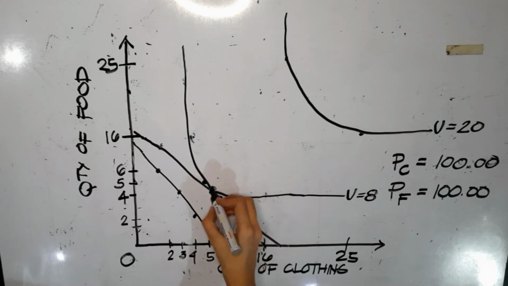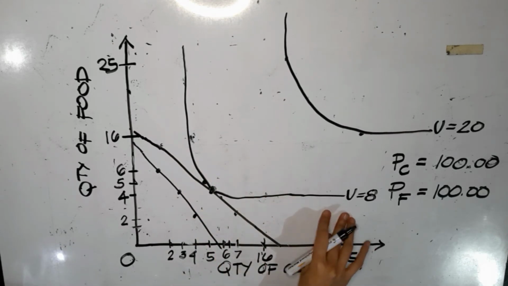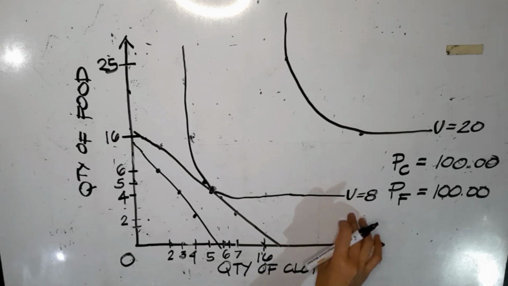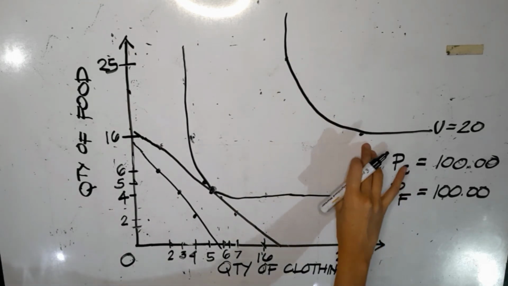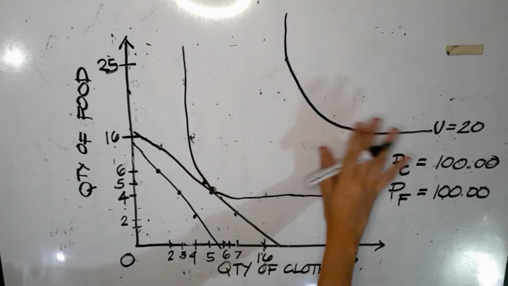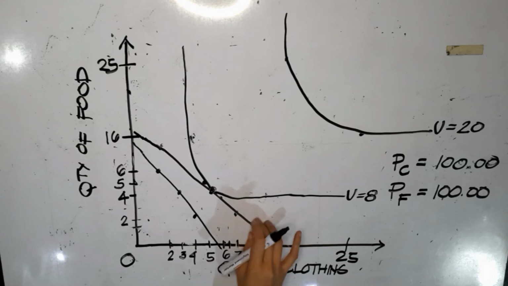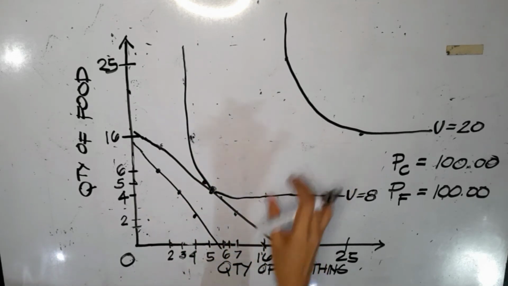You would be able to afford it and you'd be satisfied at a utility of 8. Why? Because look at it. If you want a utility of 20, but you would go beyond your budget constraint, you wouldn't be able to afford it.